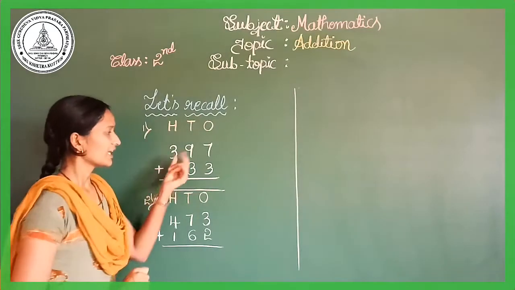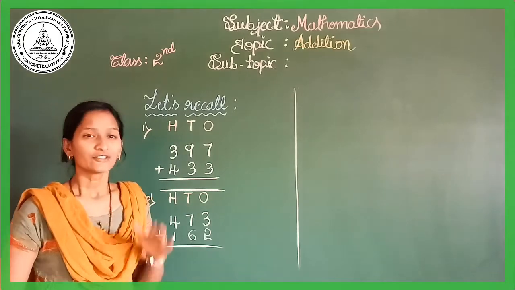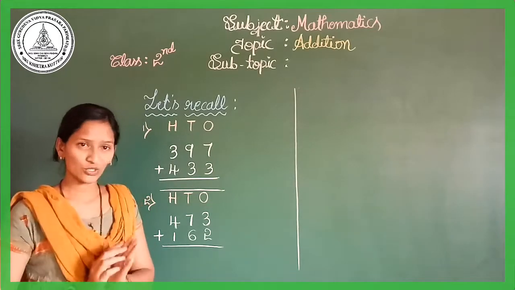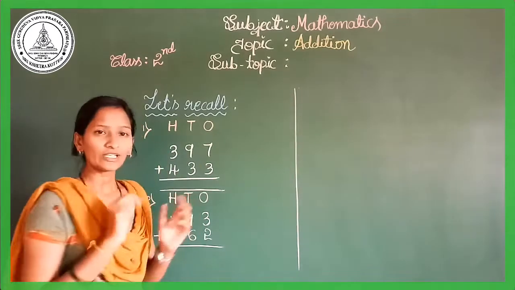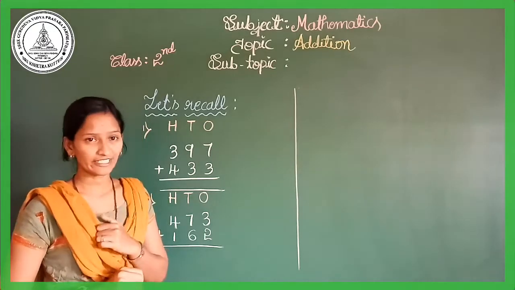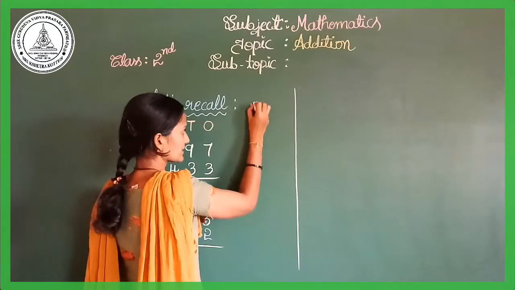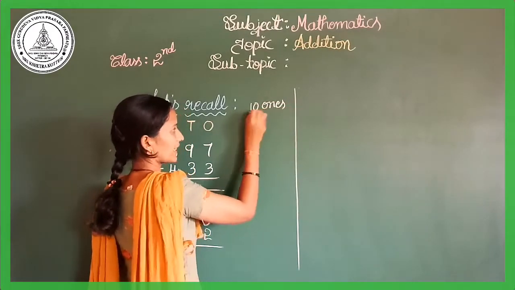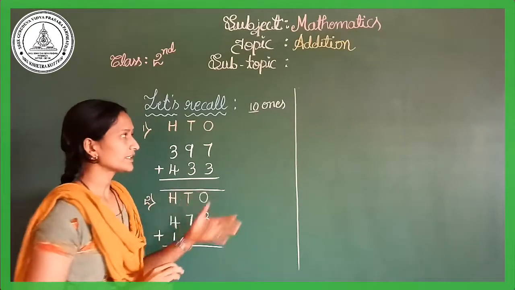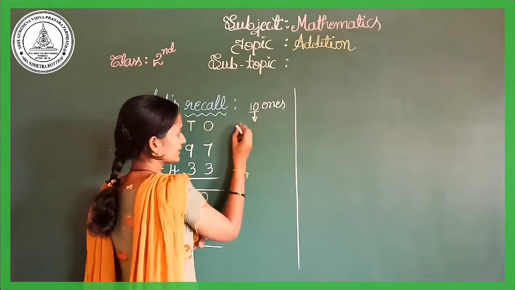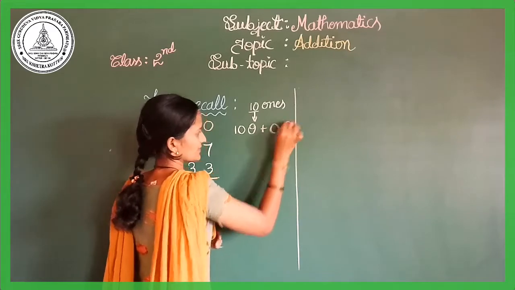Come to the first one. The given problem is 397 plus 433. First, you have to add the digits in the ones column. 7 plus 3, or 3 plus 7. What is 3 plus 7? 3 plus 7 is 10. It is 10 ones, right? This 10 ones is a two-digit number, so you should regroup it. I am writing this 10 ones as 10 ones plus 0 ones.